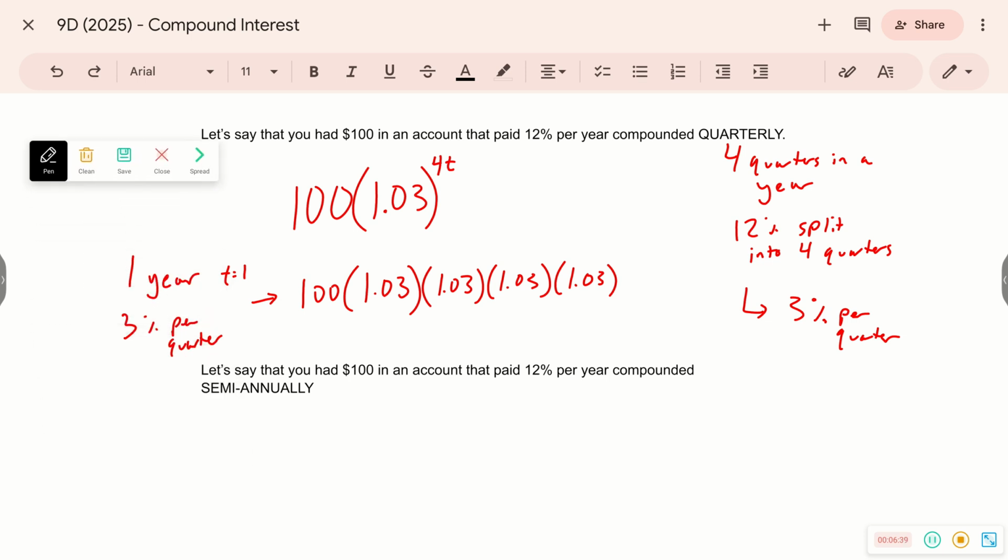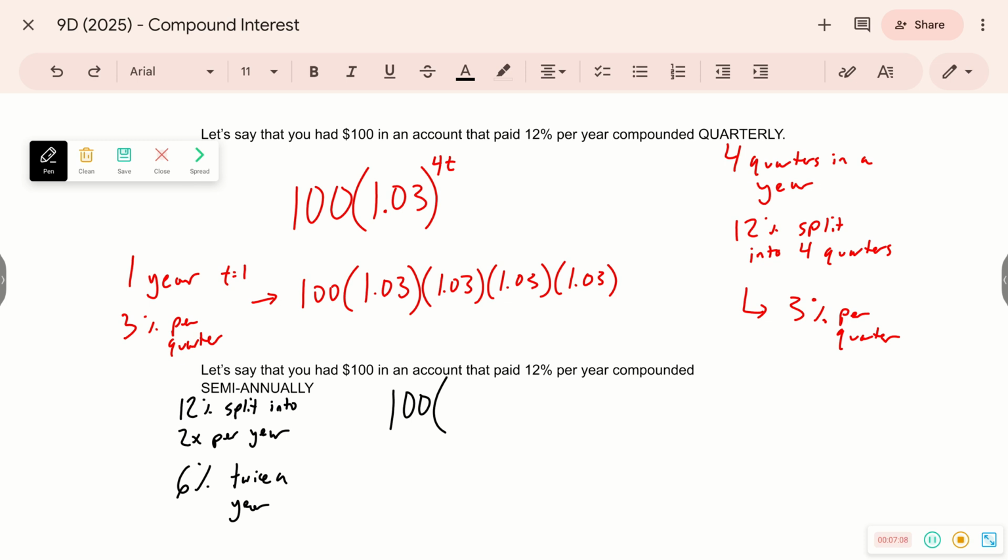If we went semi-annually, there are 2 halves of a year. So semi-annually means that 12% is split into 2 times per year. So what that means is 6% twice a year. We start off with our 100.